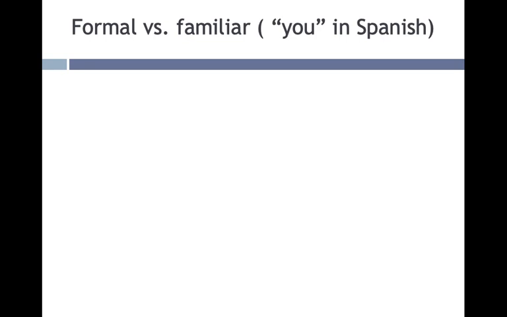Spanish has something called formal versus informal in relating to people. This is an important part of Spanish culture, whether you speak to someone in a casual, familiar, or informal manner, or you need to speak to somebody in a more formal manner. That matters in Spanish and it's culturally important.